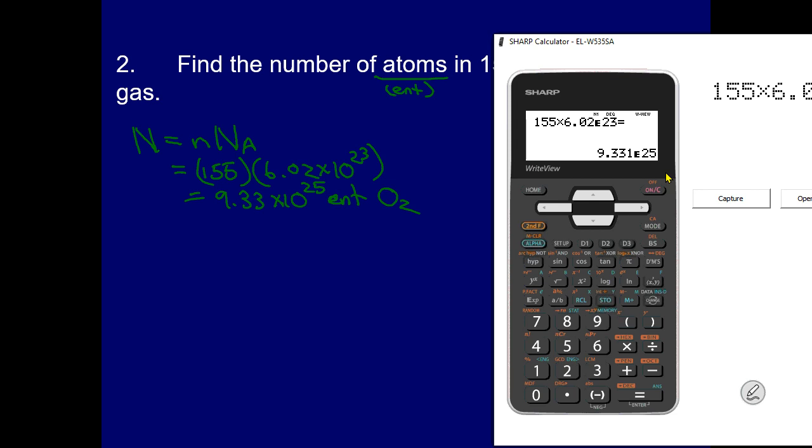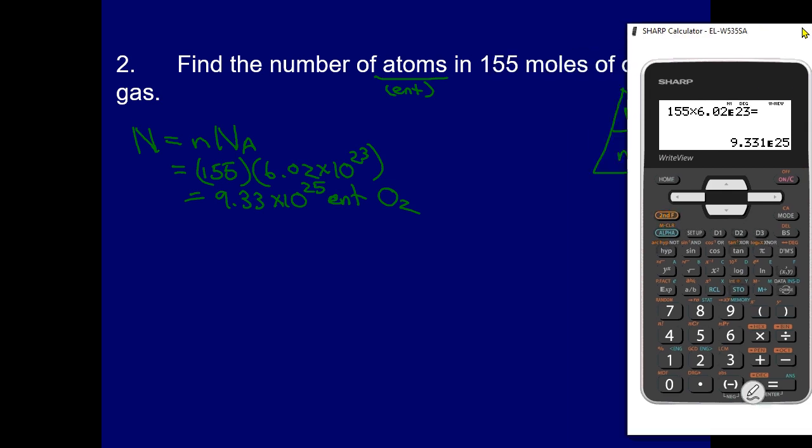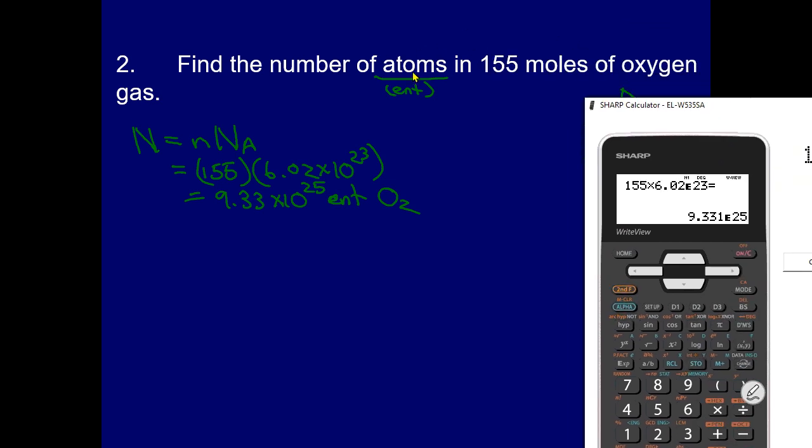Oxygen gas is O2. This question wants us to find the number of atoms, not the number of molecules. So I'm going to have to multiply this number by 2, because there are 2 atoms in each. This is the way I like to set it up. 9.33 times 10 to the 25 entities of O2. And now my little factor. It turns out there are 2 atoms in each single O2.